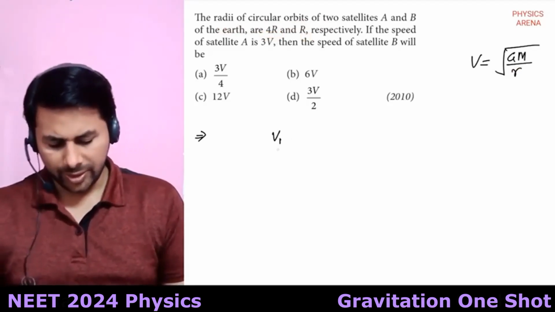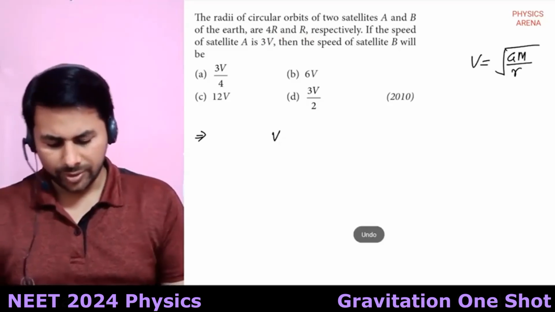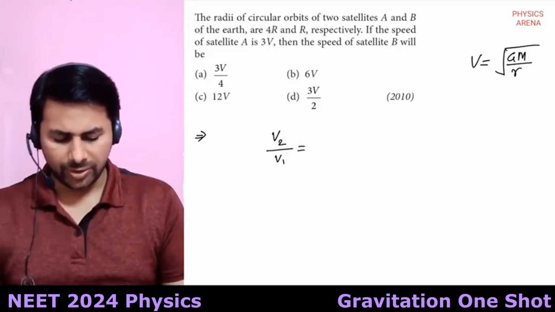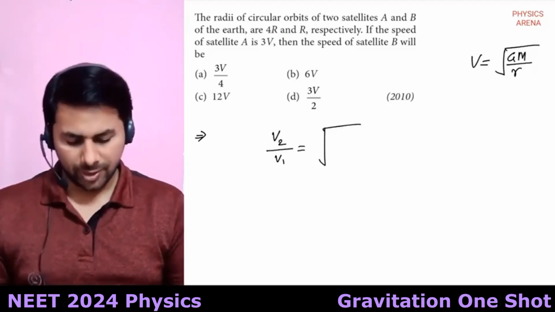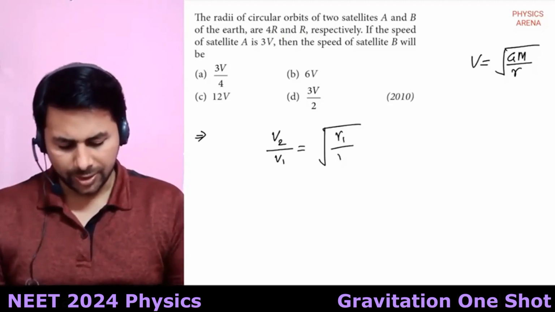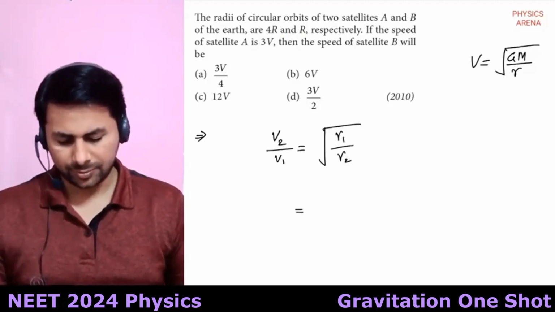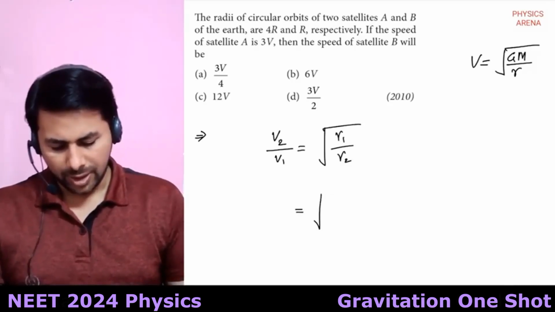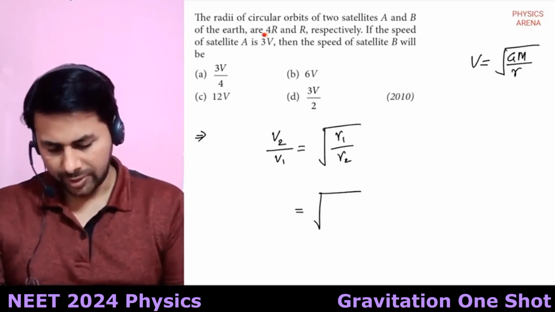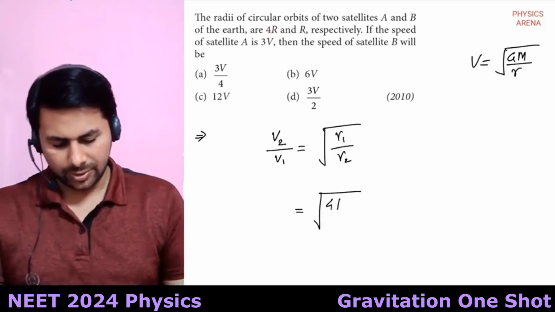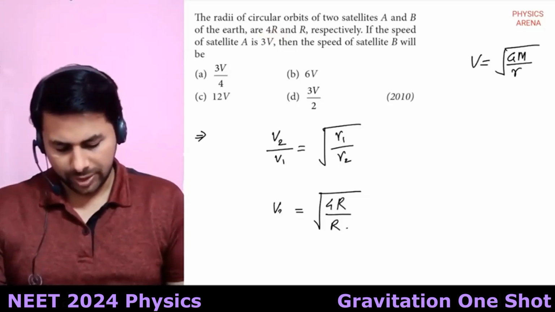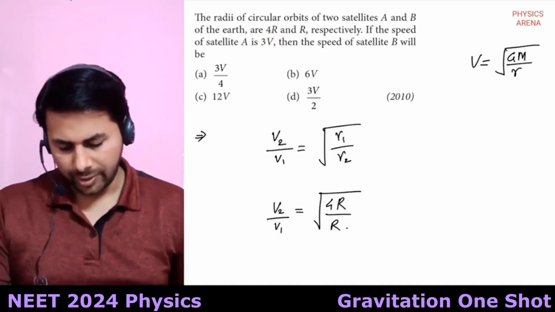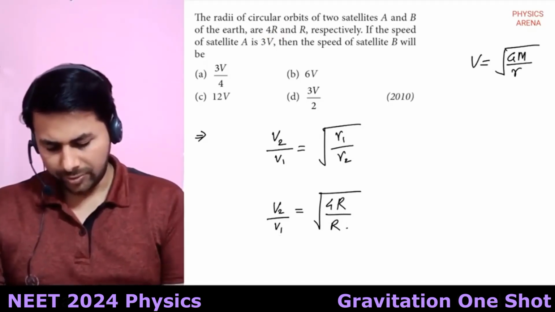So we can say V1 upon V2. We want V2. So V2 upon V1 will be equal to the root of, it's inversely proportional to the root of r, so R1 upon R2. How much is R1? R1 is 4R. How much is R2? R2 is R. And how much is V1?